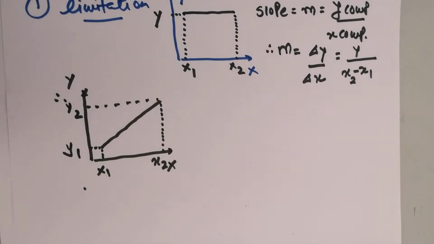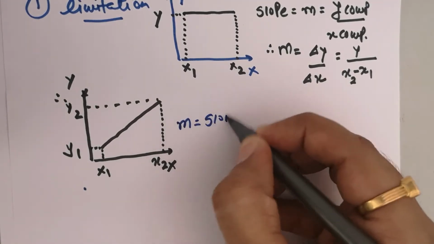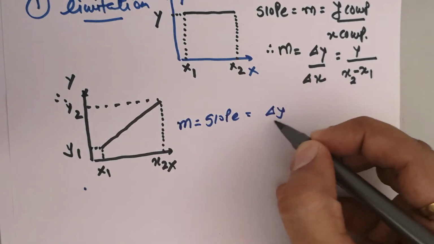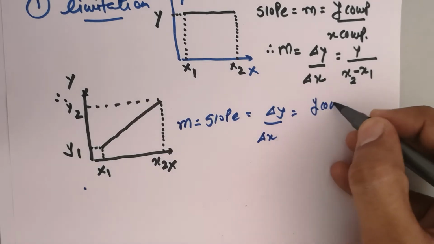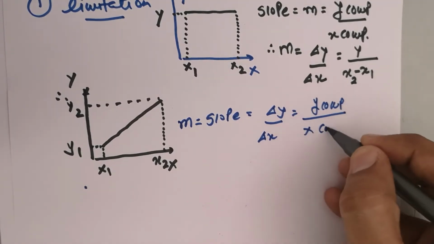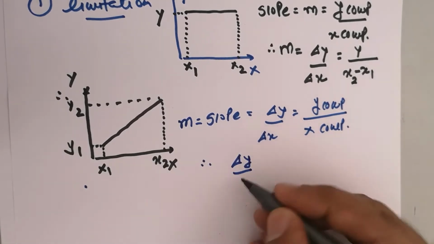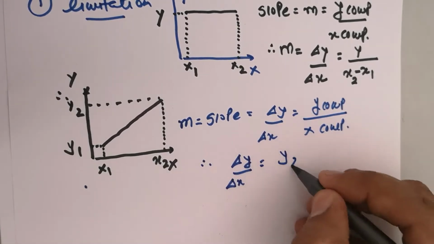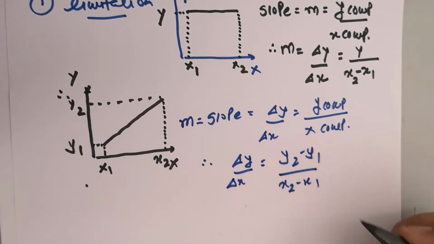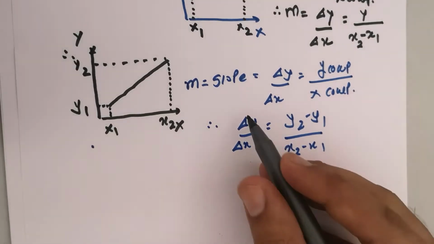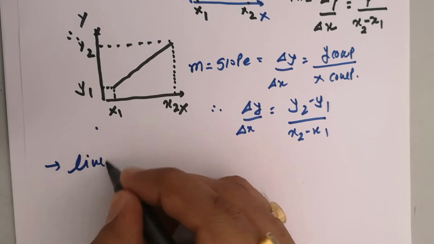Let's say I want to show its slope. So m is the slope. It is delta y divided by delta x, which as you know is the y component divided by the x component. So delta y by delta x equals y2 minus y1 divided by x2 minus x1. Here is the notation where we can apply our limits.